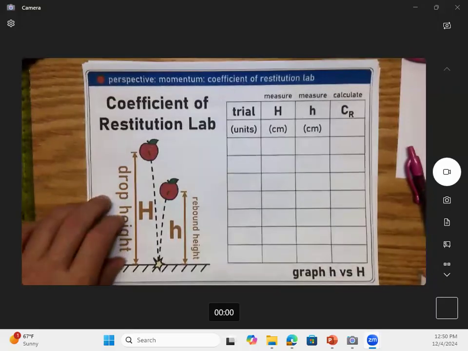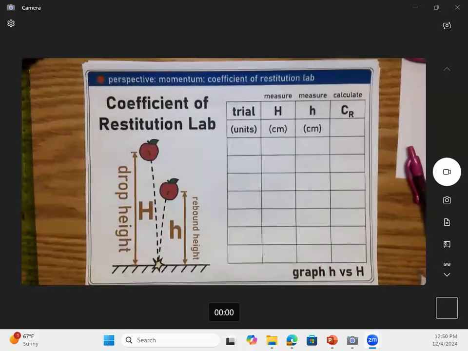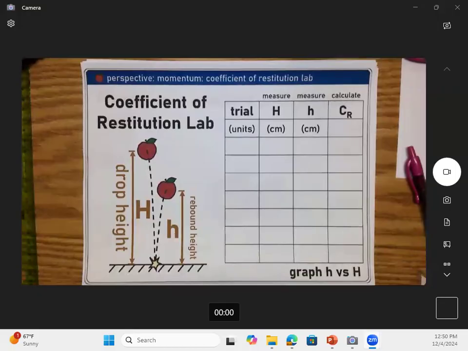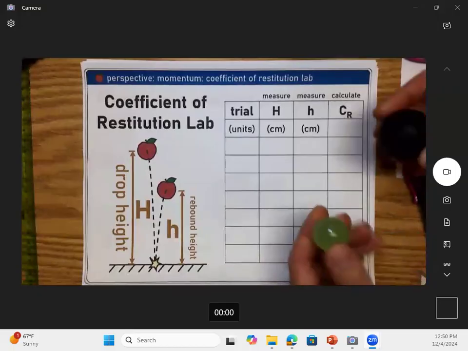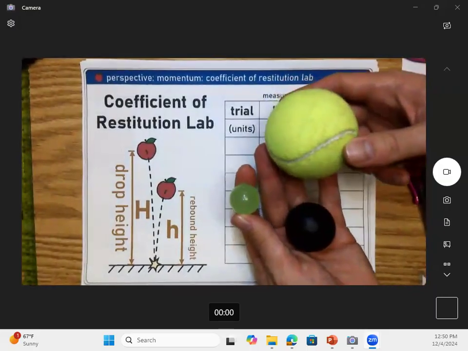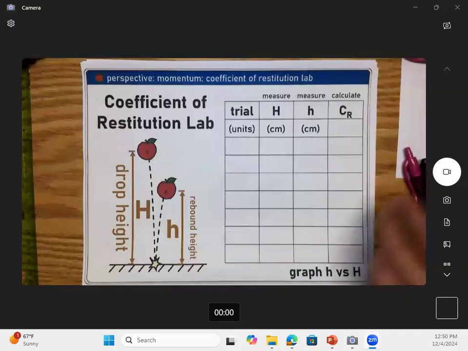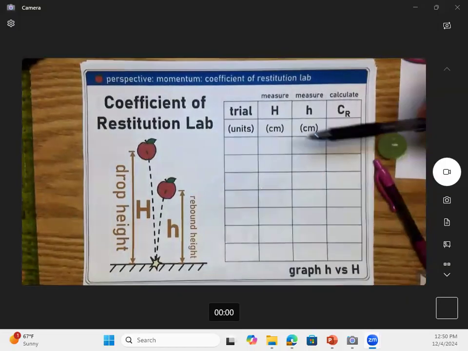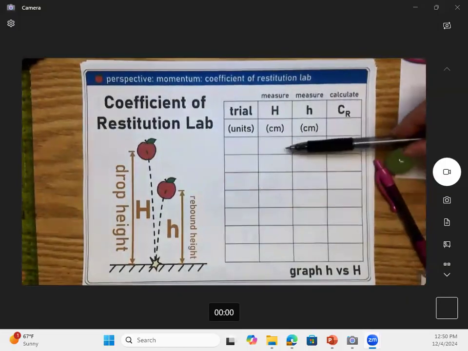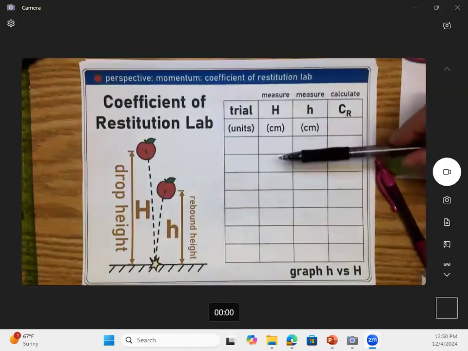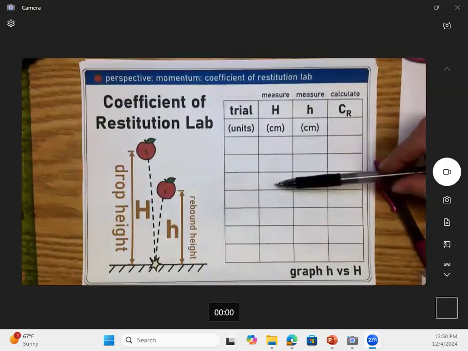Now, this lab, go ahead and copy down this table. What I want you guys to do is pick one ball. So pick your favorite ball. Could be this one, this one, this one. Should be a bunch of balls going around. Okay. And try different drop heights. So here's your drop height. Maybe you could do 100 centimeters, then like 80 centimeters and 60 centimeters and 40 centimeters.